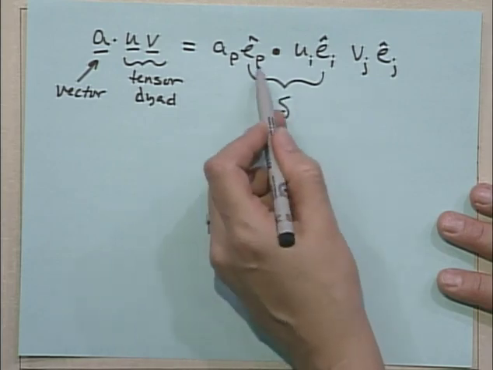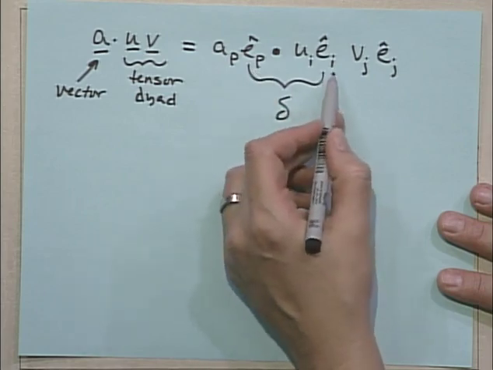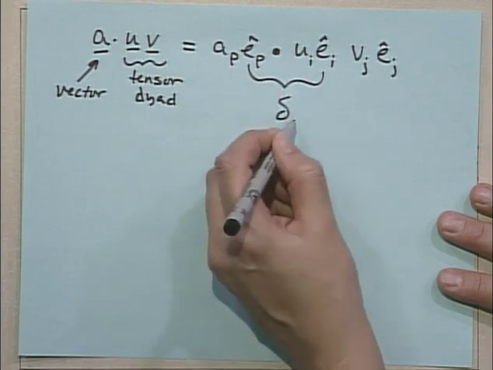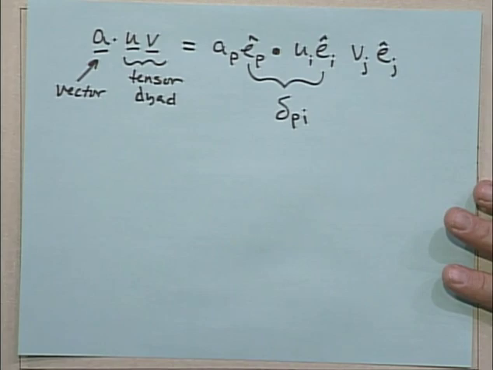In other words, when I take this dot product, it's 0 when P is unequal to I, and it's 1 when P is equal to I. That's what this Kronecker delta notation is doing for us, simplifying that logic. We could write them all out, 9 terms, and then we could go through and take the 1 1s, the 2 2s, the 3 3s, and throw out the 1 2s, the 2 1s. That would be very boring. Okay, so the idea behind this nomenclature is to make things simpler.